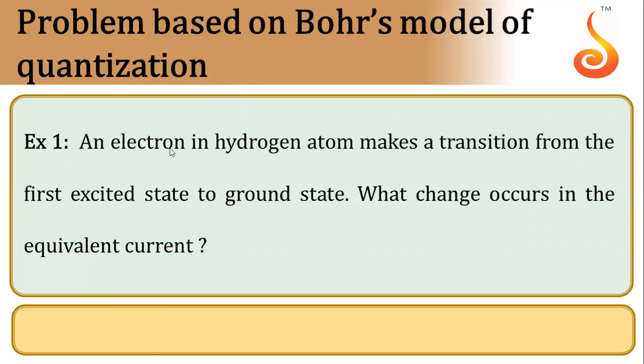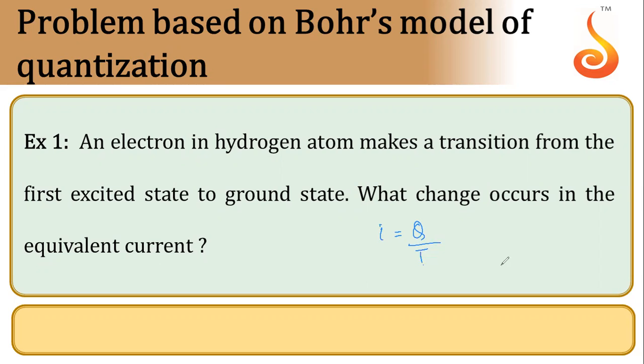Next, an electron in a hydrogen atom makes a transition from first excited state to ground state. What change occurs in equivalent current? Now we know that current is charge divided by time, where t is the time period.